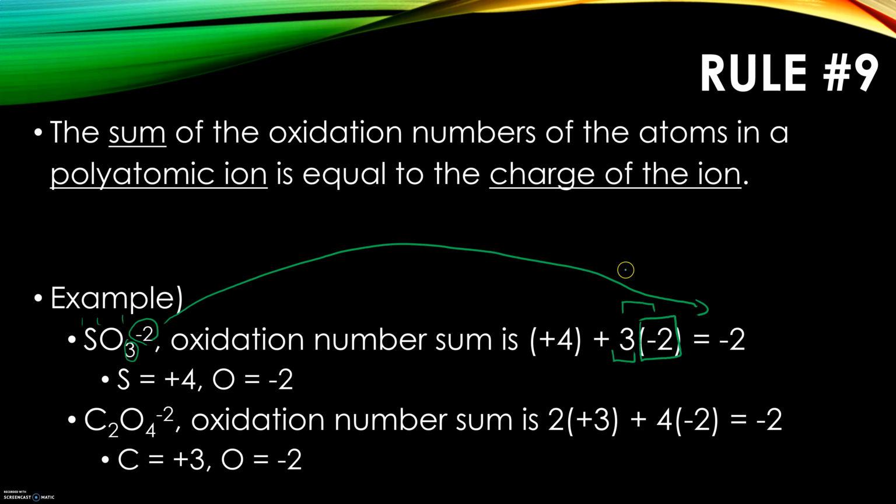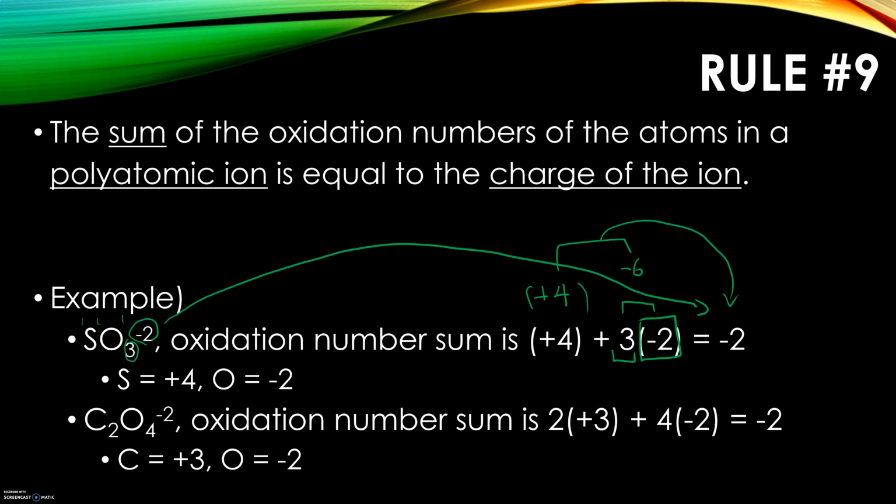So the total oxygen is -6. Now, we don't know what the charge of sulfur is, but whatever it is, when we add the 2 together, it has to end up becoming a sum of -2. Which means the only option for sulfur in this example is going to be +4. And that's how we can calculate oxidation numbers.